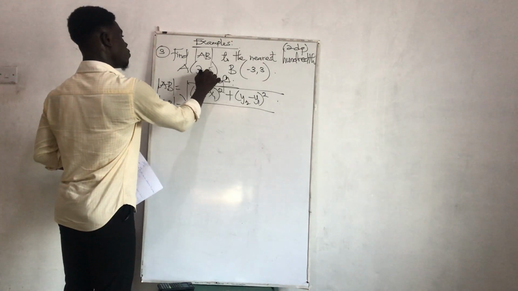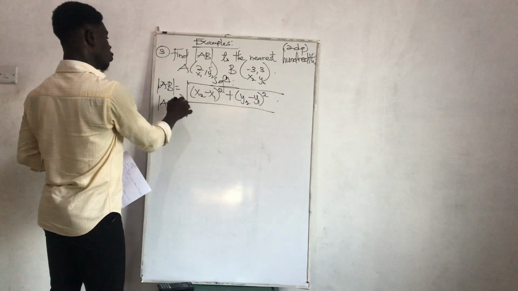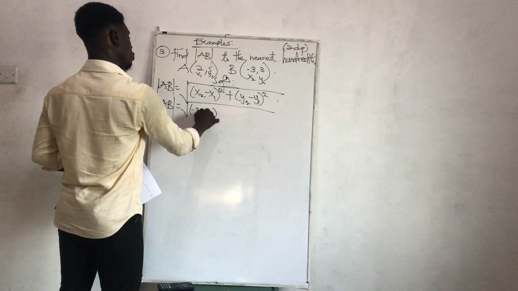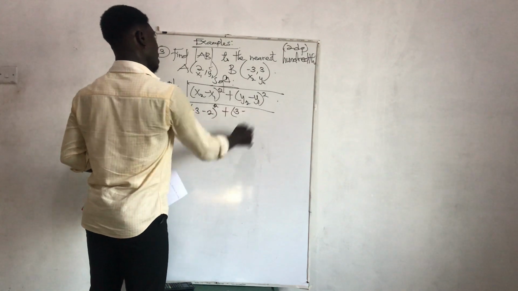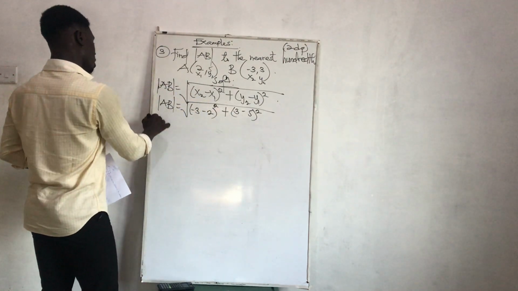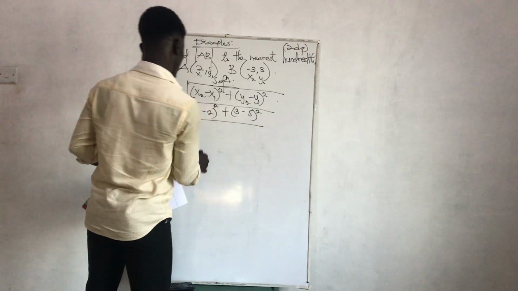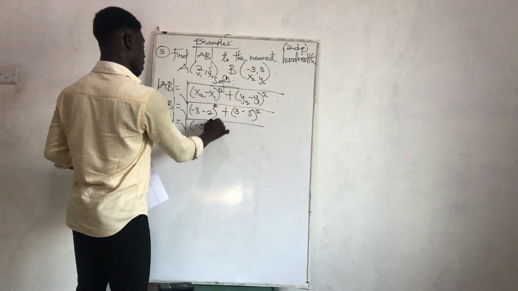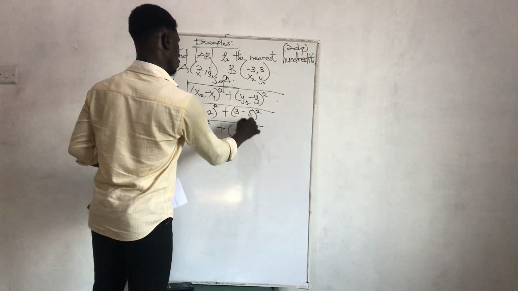So x2, which is -3, minus x1, which is 2, then squared, plus y2, which is 3, minus y1, which is 5, all squared. So the length of AB is equal to the square root of -3 minus 2, which is -5, all squared, plus 3 minus 5, which is -2 squared.